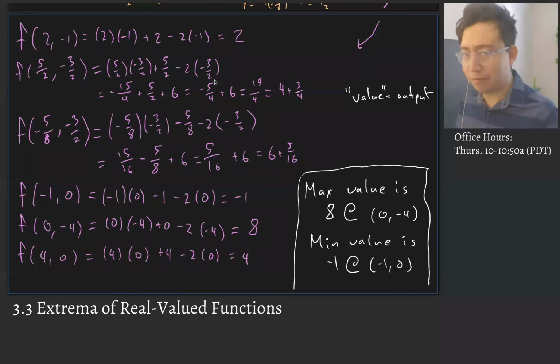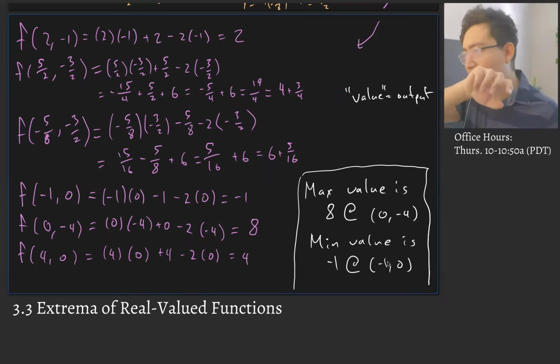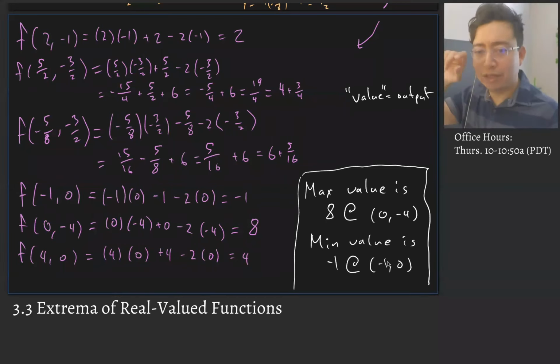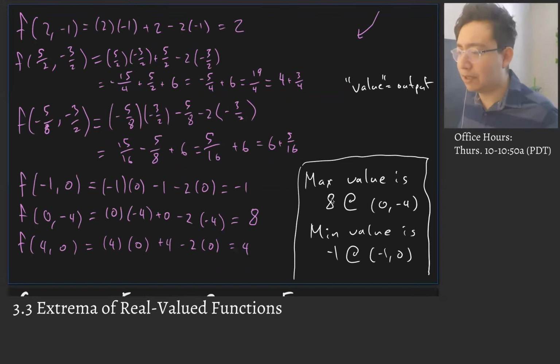In this case the phrasing was kind of vague, but in something that's written by hand, I would formally write my answers like this. Something like online homework is usually more clear about what they're looking for. You can tell by the text box. If it says find the maximum value or the extreme values, then it's asking specifically for these outputs, this 8 and this -1, and doesn't necessarily care about this point.